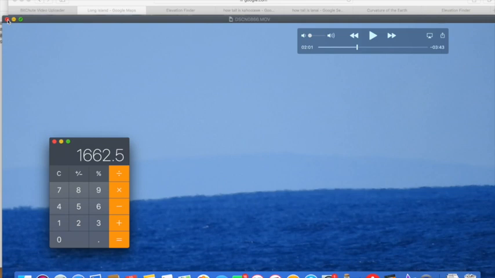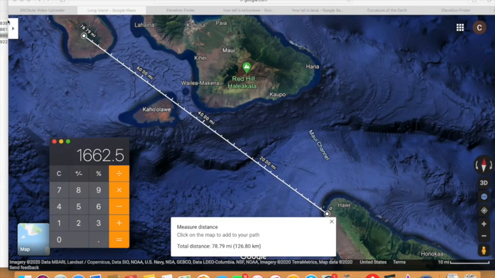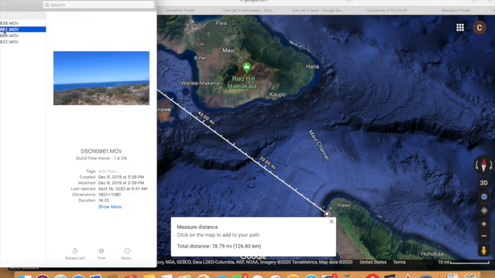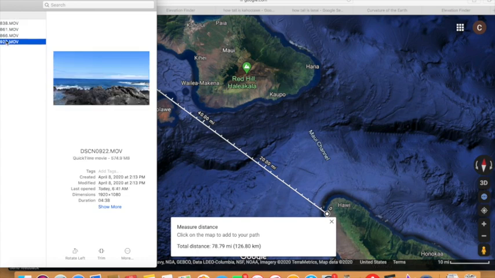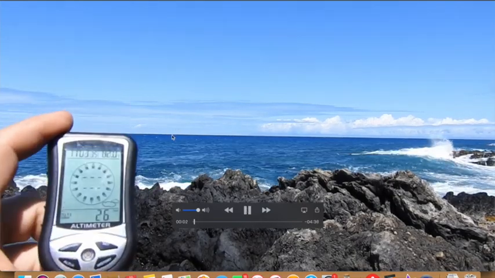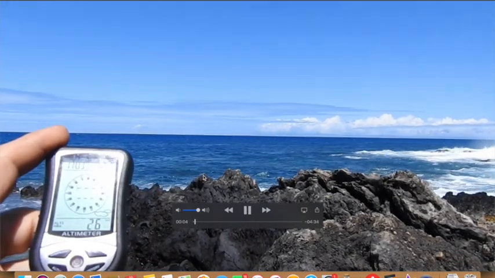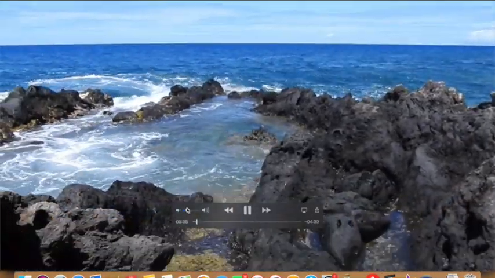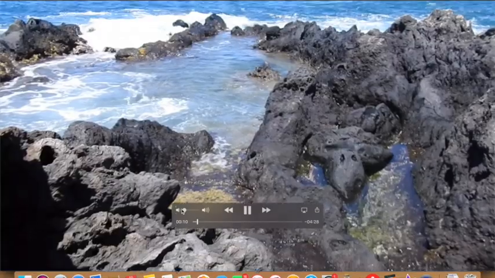Alright, so let's look at another shot. That is this one here. That is much closer to the sea level. My altimeter says 26 feet, but as I show you in many other of my videos, it's a little faulty, my altimeter.